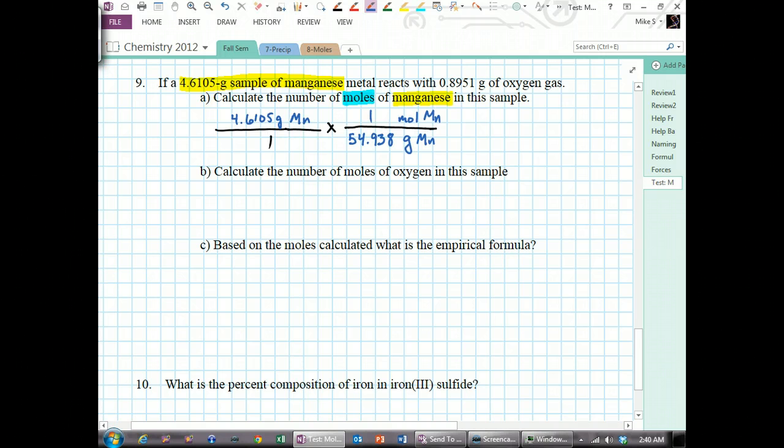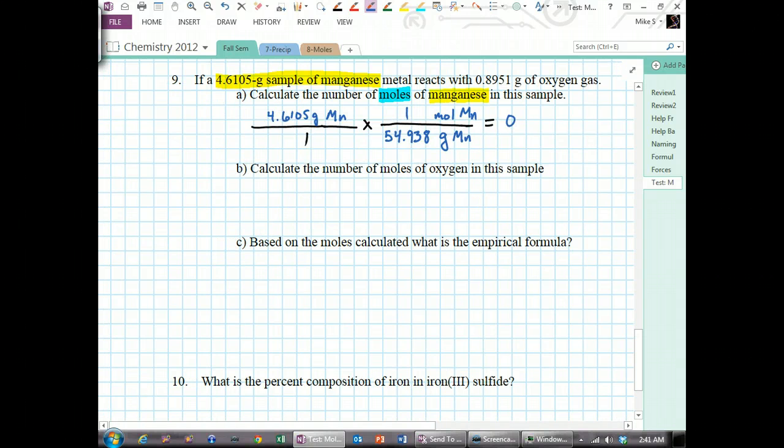So when I do my math, I'm going to divide to get my answer. And I get an answer of 0.0839 moles of manganese. The next part of this equation, or next B I should say, is trying to figure out the moles of oxygen.